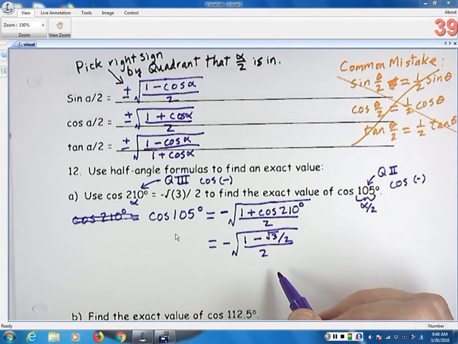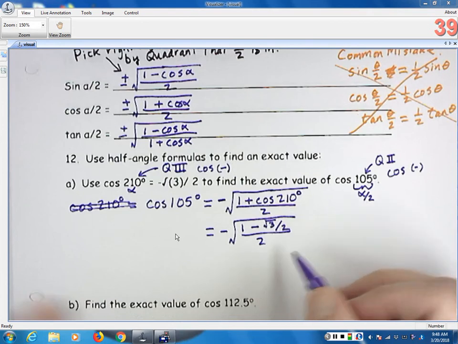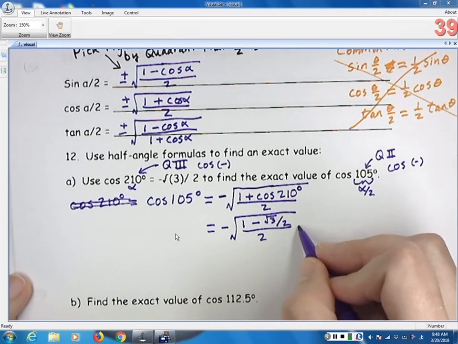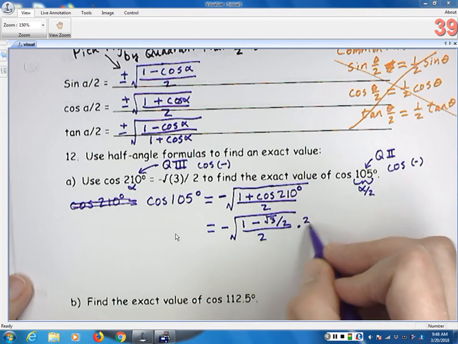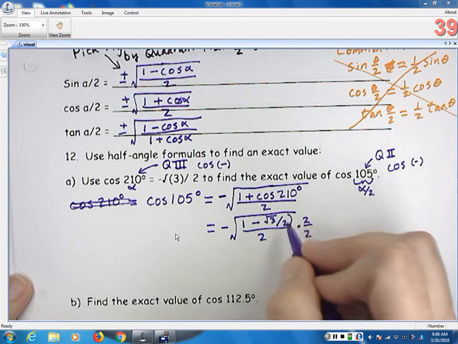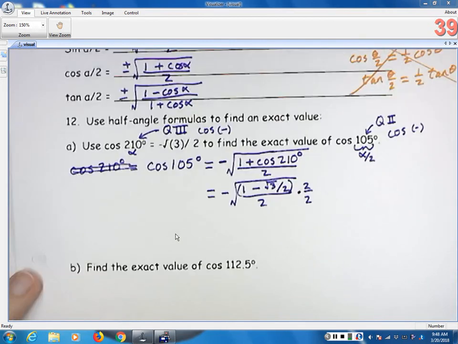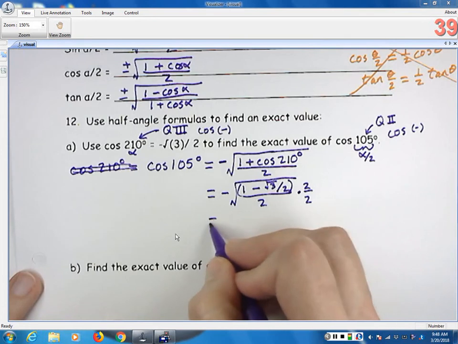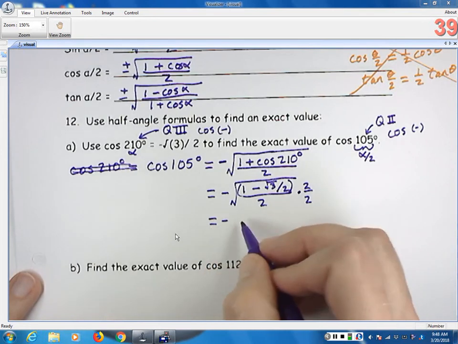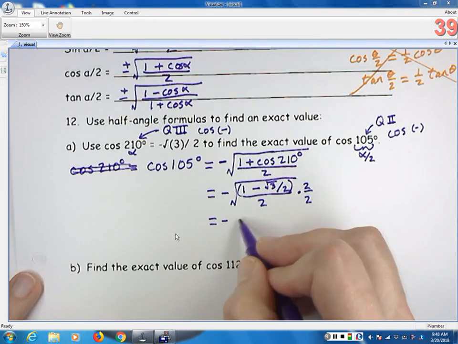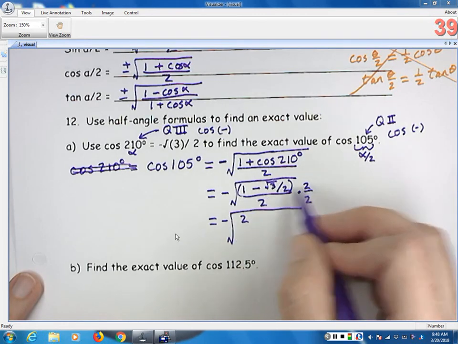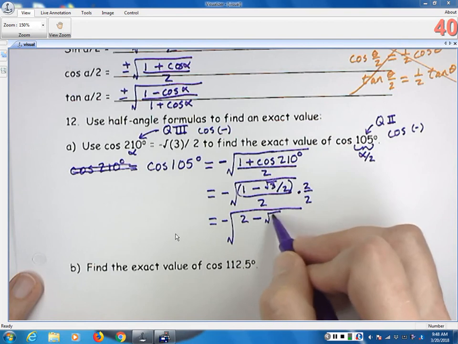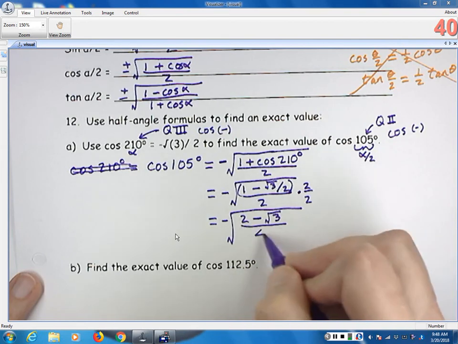The easiest way, I think, is to multiply by 2 over 2. You're going to be distributing that. Equals the opposite of, I'm distributing the 2, I get 2 minus square root of 3 over 4.